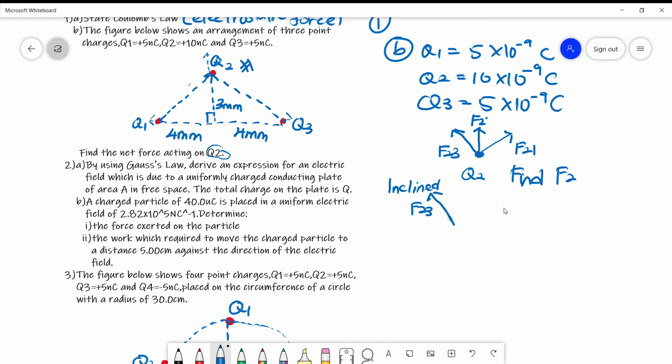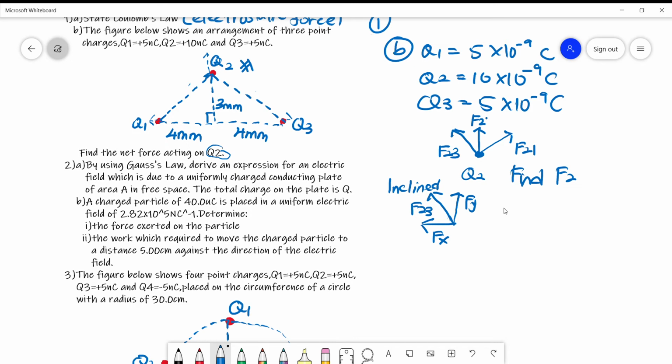We know that a resultant force consists of two components, vertical component and horizontal component, which are Fx and Fy respectively.